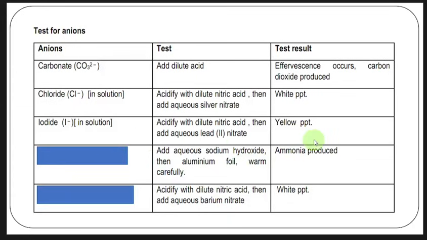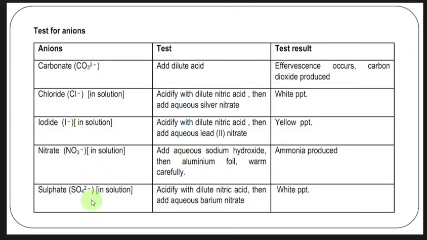If ammonia gas is produced, then that contains nitrate ions. Then if you have another compound, you acidify with dilute nitric acid, then add aqueous barium nitrate, and you see a white precipitate formed. Then that unknown substance contains sulfate ions.